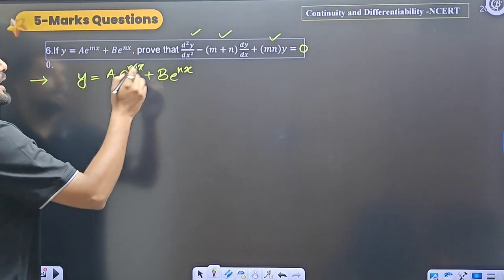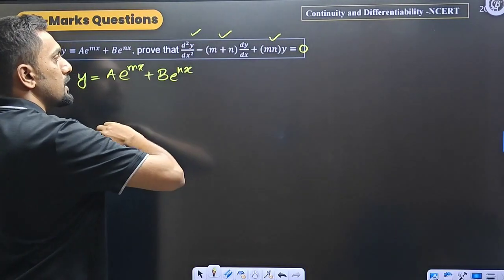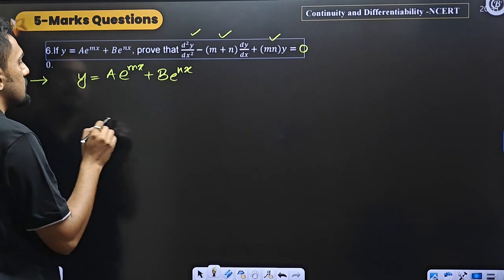Okay, to get dy by dx and d square y by dx square, I need to differentiate this equation.